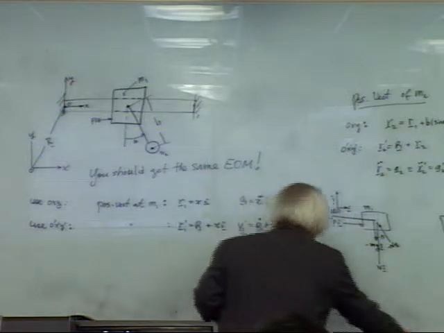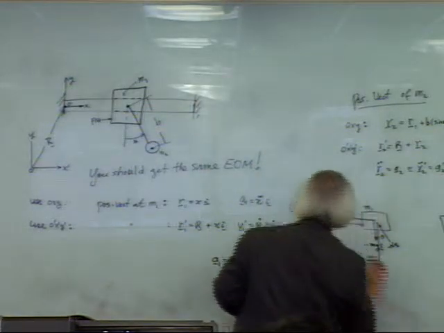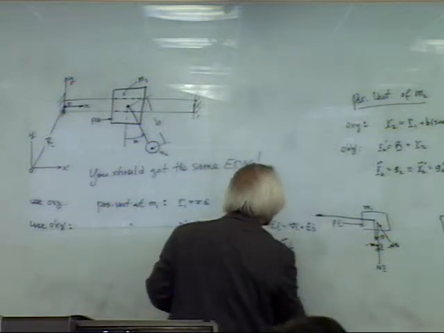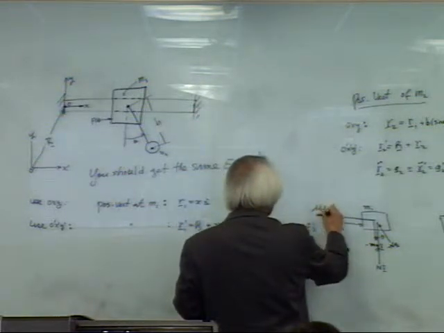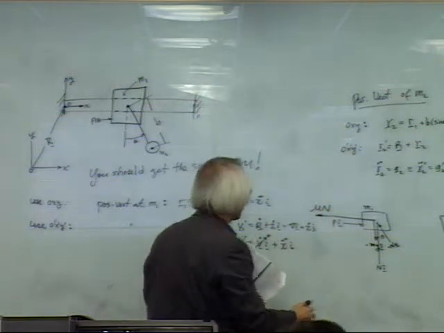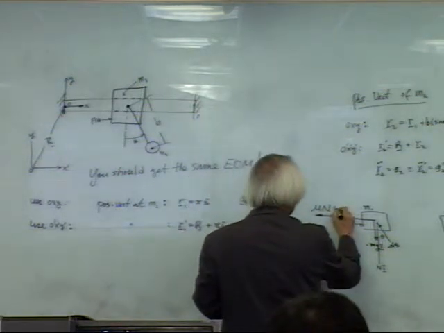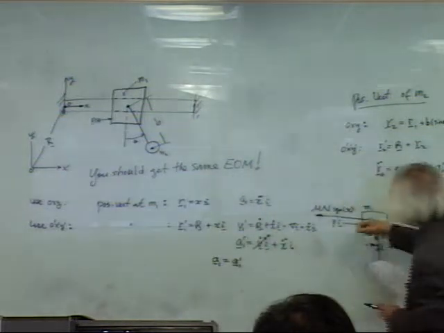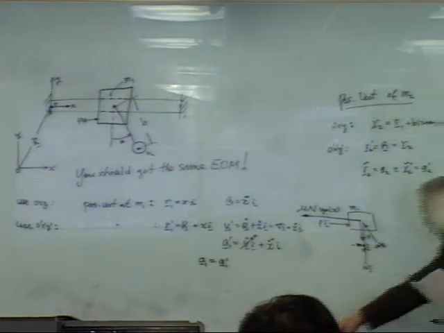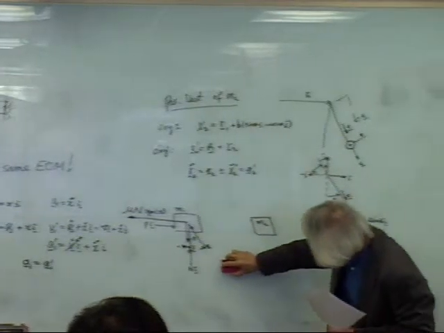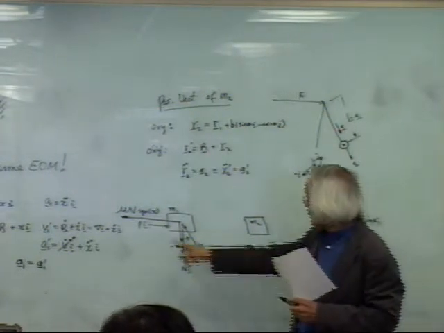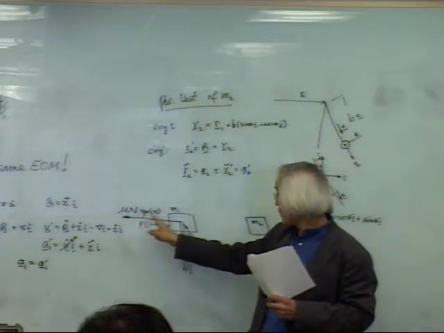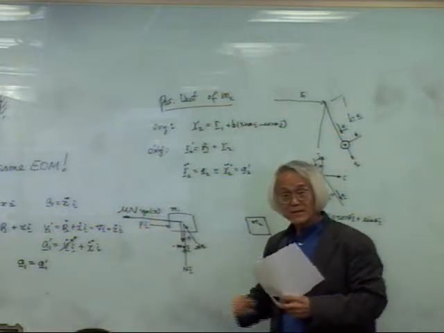Let me write that down pretty clearly. So mu N as a friction force times sign of x. In other words, when I assume this one is moving this way, I will have a friction force heading that way. So it depends on the sign of x. Okay?